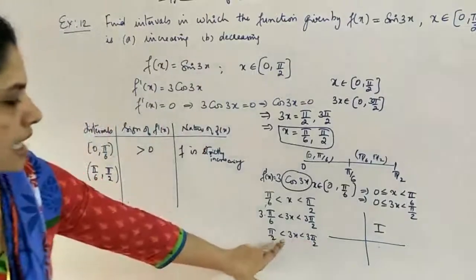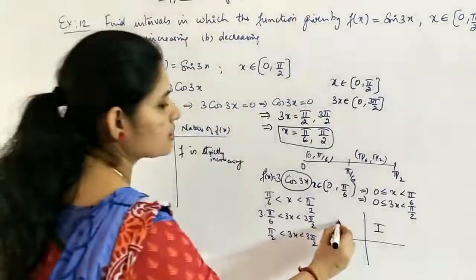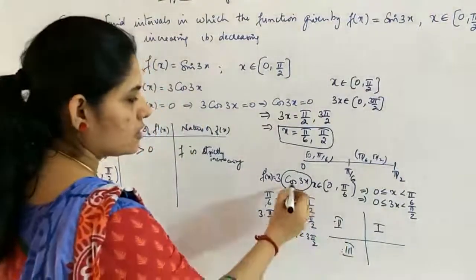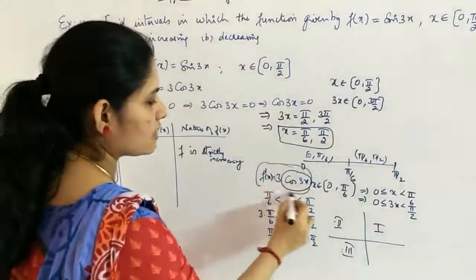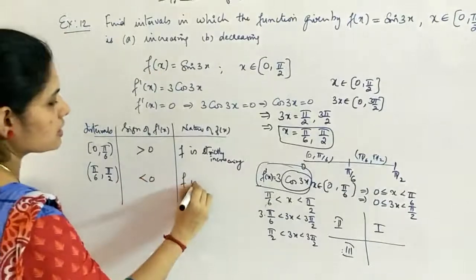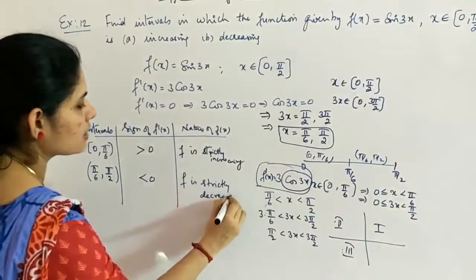That means 3x is lying between pi by 2 and 3 pi by 2. That is in the second and third quadrant, where cos is negative. So f dash of x will have a negative value, that is, less than 0. So the function is strictly decreasing in the corresponding interval.